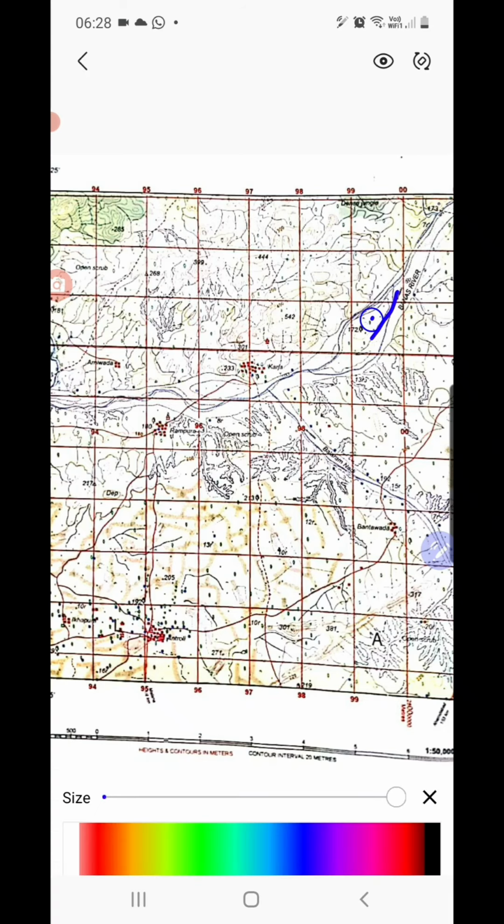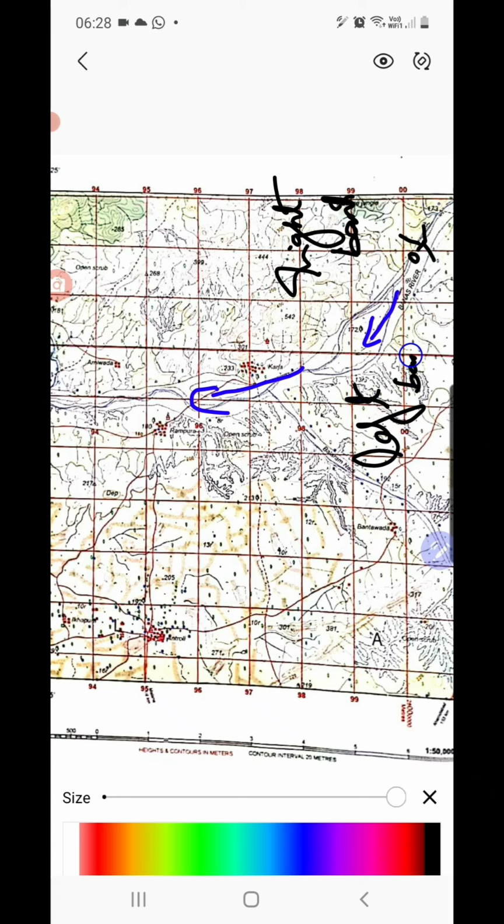If you are standing here facing the flow, your right hand side will be right bank and left hand side will be left bank. Clear? So right side and left side. So accordingly you have to decide the right bank and left bank.